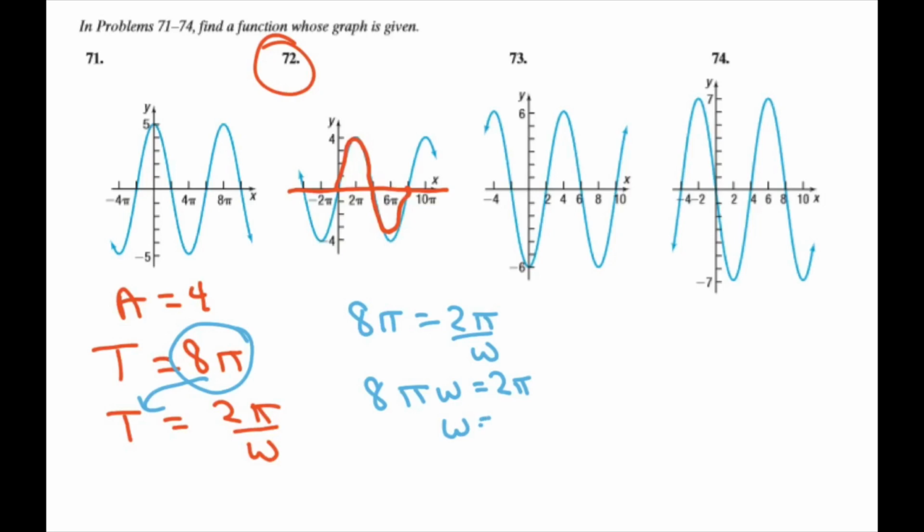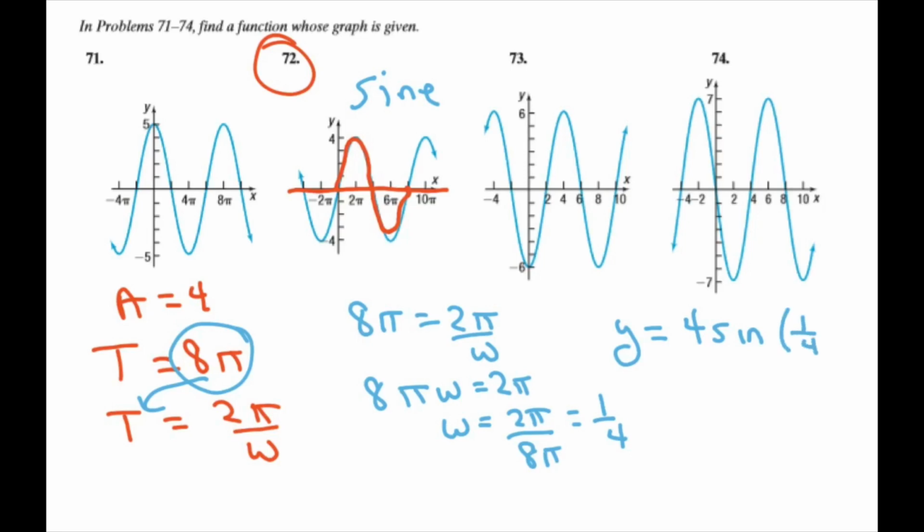And so it's just like the other one. So we have 2 pi over 8 pi, which equals 1/4. So you write your equation, or you find a function, y equals 4, this one's sine, 4 sine of 1/4 x.